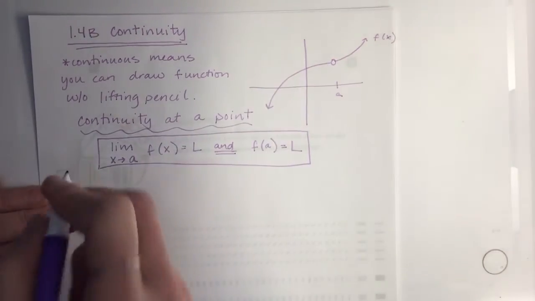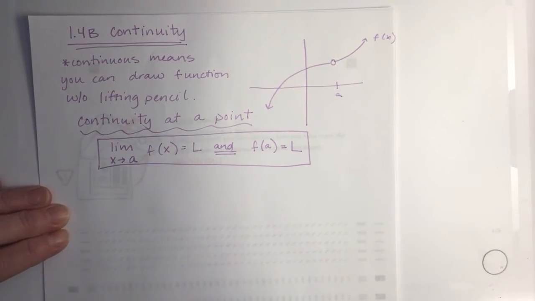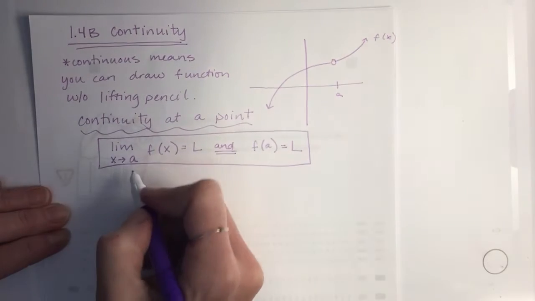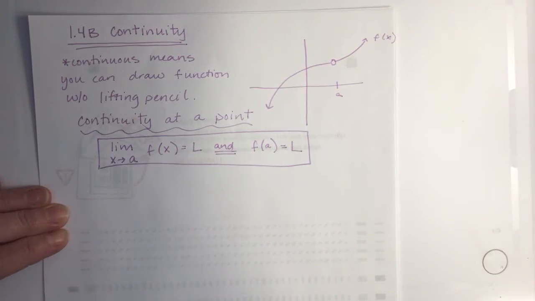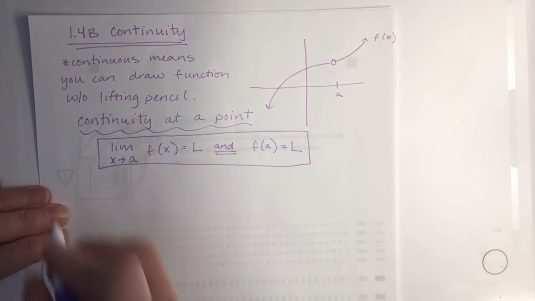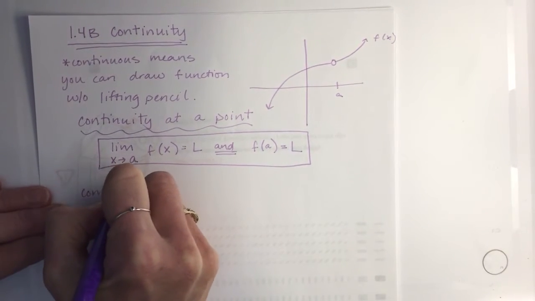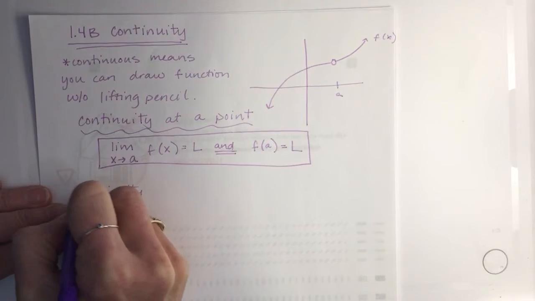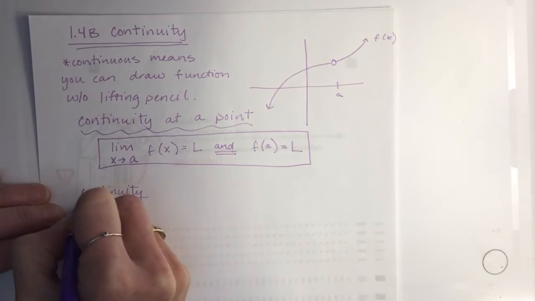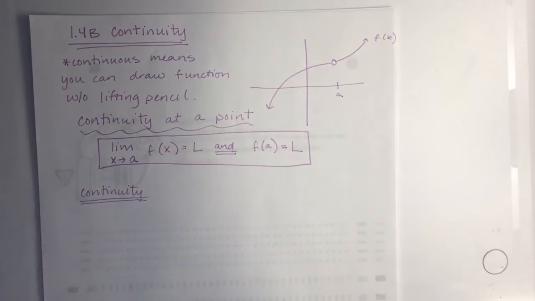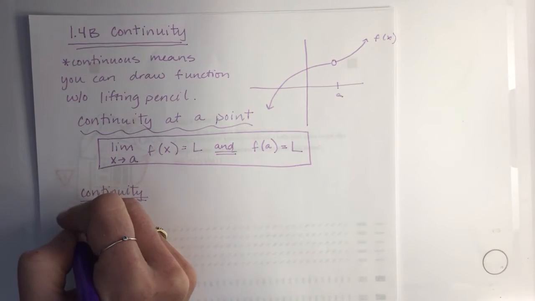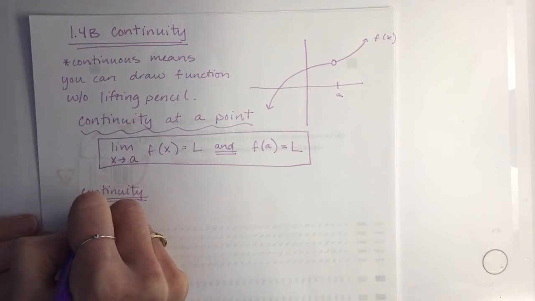If we're checking for continuity formally, we have to prove that the limit exists. You guys know that because we just did 3 lessons on limits. And you remember that's 3 steps.